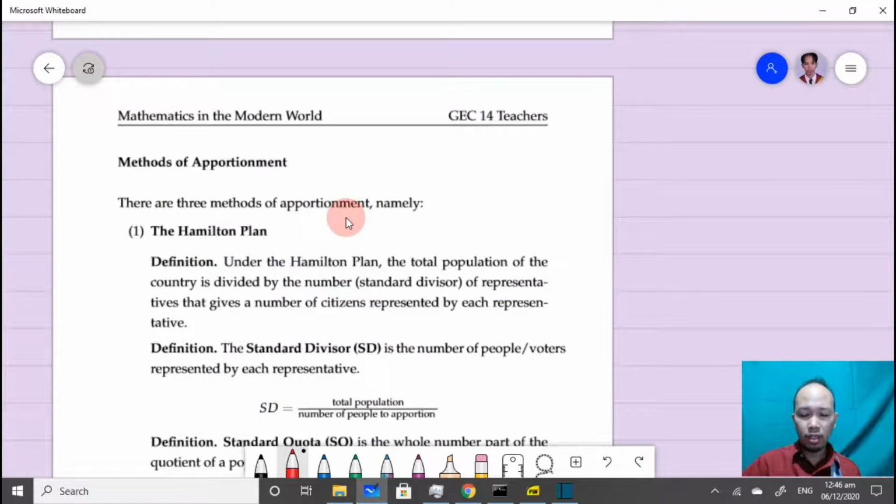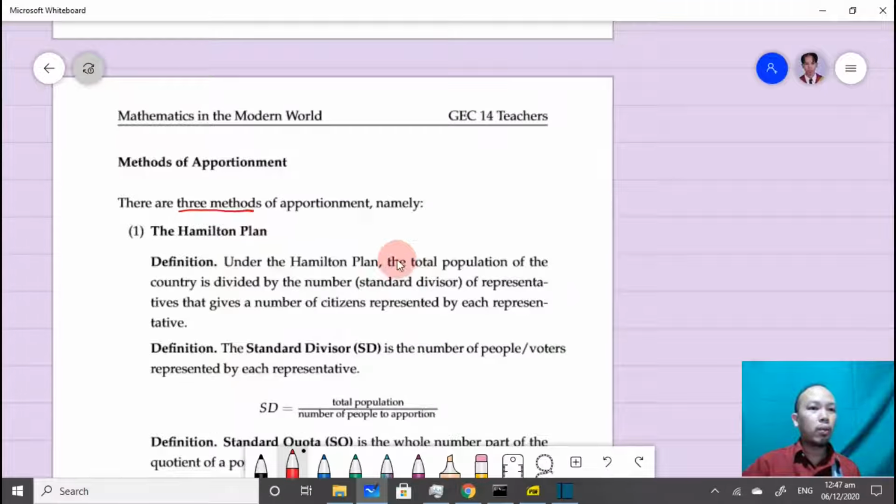In the uploaded module, it says there that there are only 3 methods. I guess the Webster method was not mentioned there. And there's also a problem with the Huntington Hill method that was given to you in the Google Classroom.